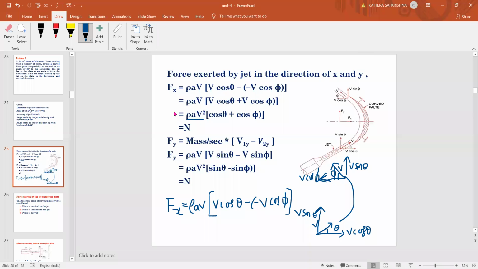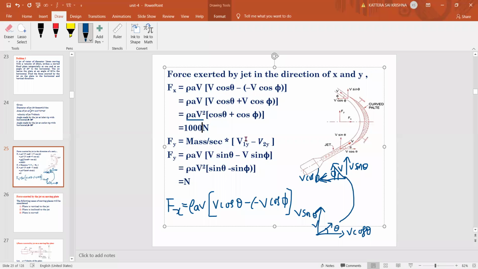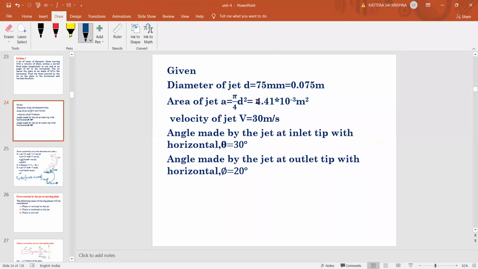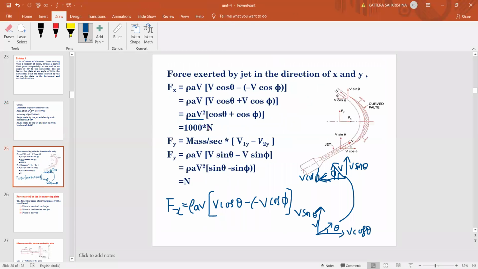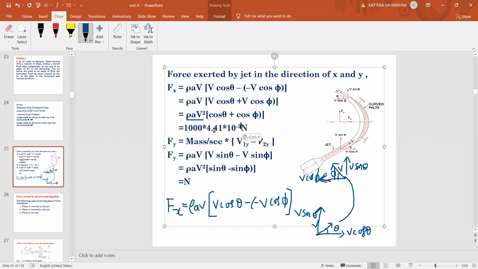Okay, so let us do that. The density of water is given, and the area we have already calculated: 4.41 into 10 power minus 3. So 1000 into area, next into V square.